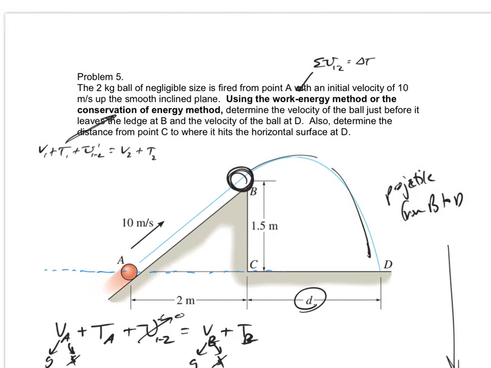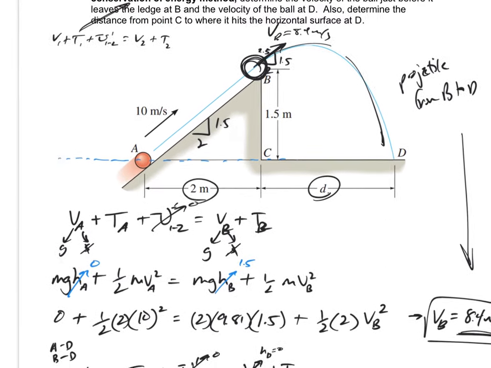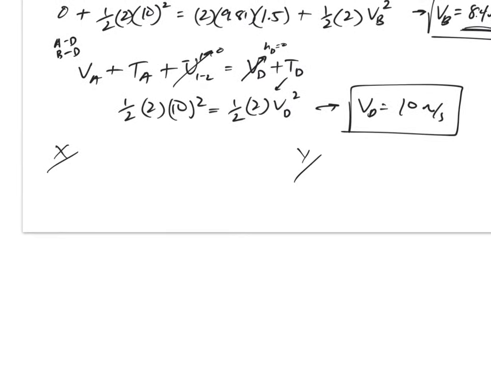Well, it is along this incline. But what direction is that? Well, let me look at this incline. The incline is over 2, up 1.5. So it is a 2, 1.5, 2.5 triangle. So that is the direction. That's the angle of the velocity.